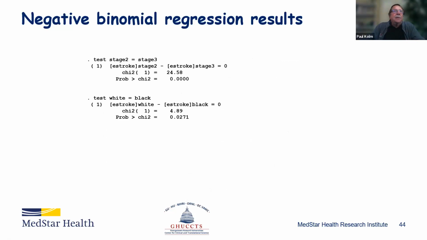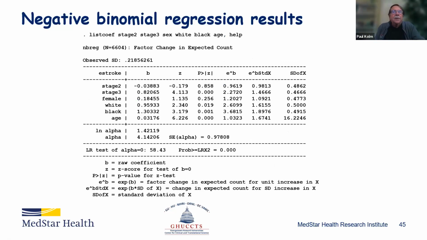And we can do the same sort of thing that we did with the regular Poisson regression. We can test differences between, for example, stage 2 and 3 and whites versus blacks. Again, they're statistically significant differences. And again, here are the exponentiated regression coefficients.